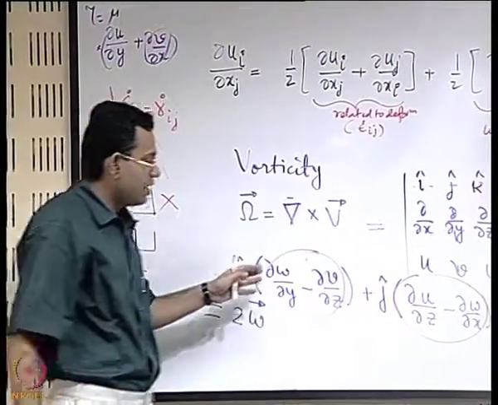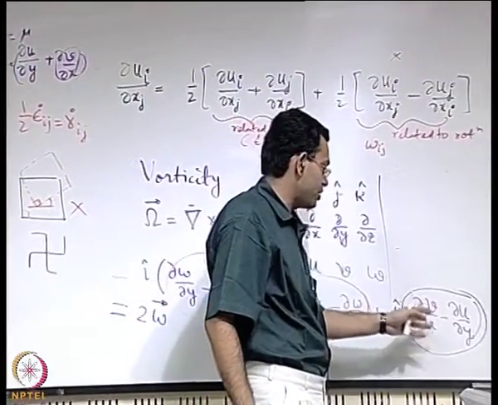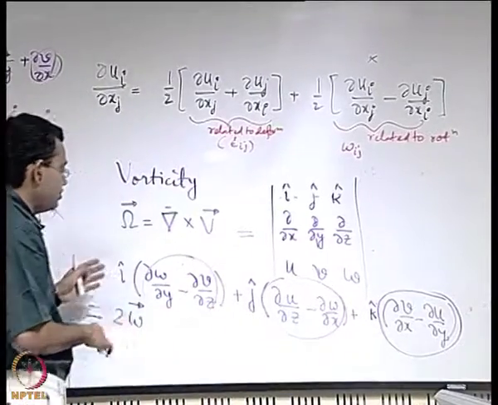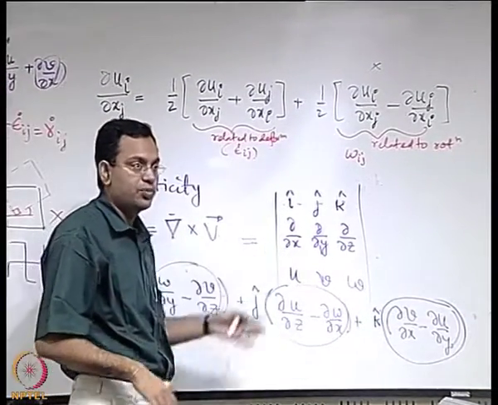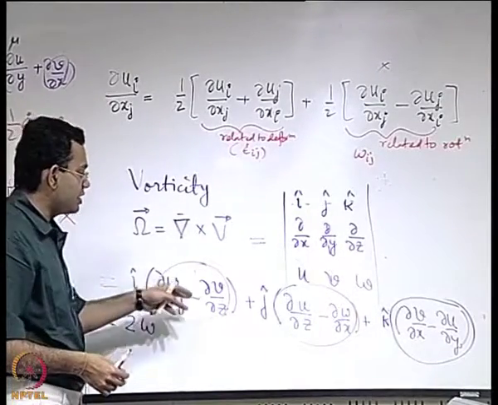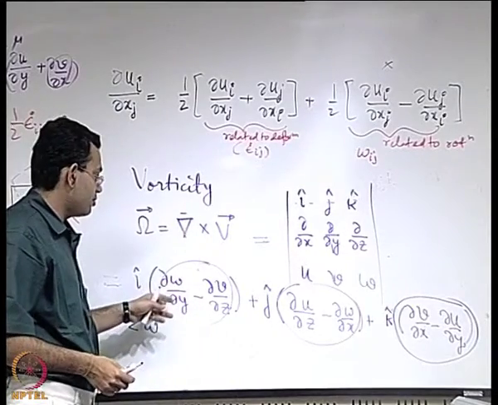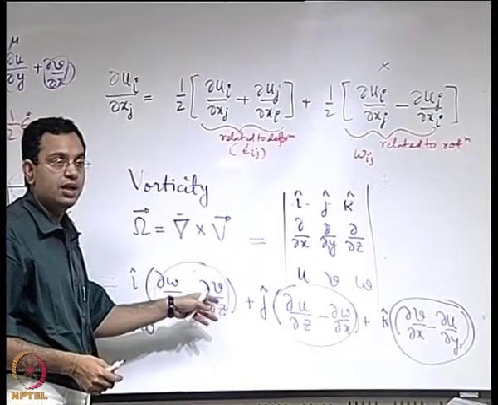If you know one of the components of the vorticity vector, it is possible to generate the other ones intuitively without going into all the cross products. So many times the common mistake is in the sign: which term will come as positive and which term will come as negative.